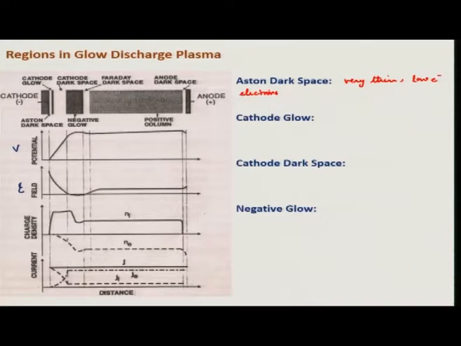Okay. Remember, electrons are being generated at the cathode. The cathode is negatively charged, so it will repel the electrons, but since the electrons did not gain enough energy by acceleration, only the low energy electrons are lying in this region.